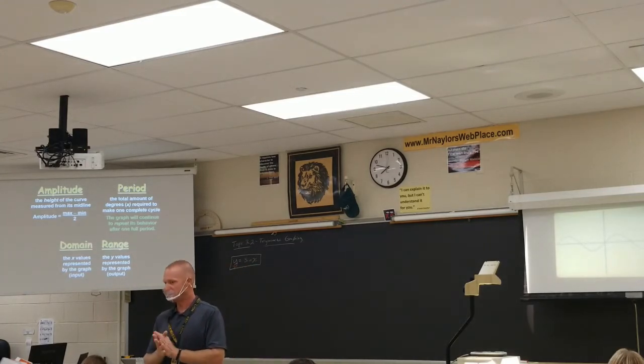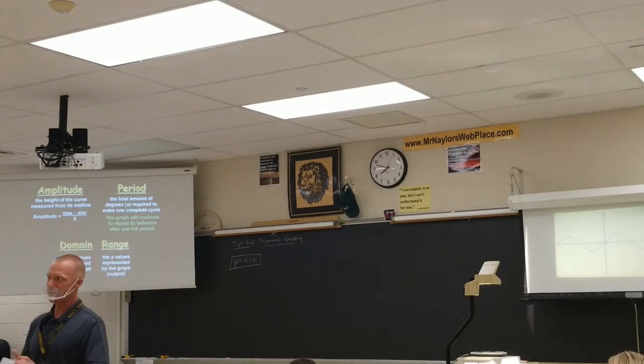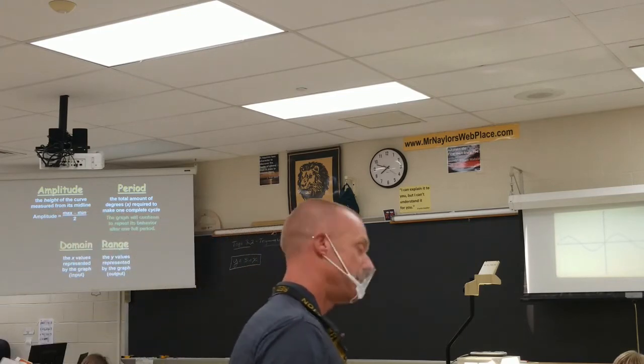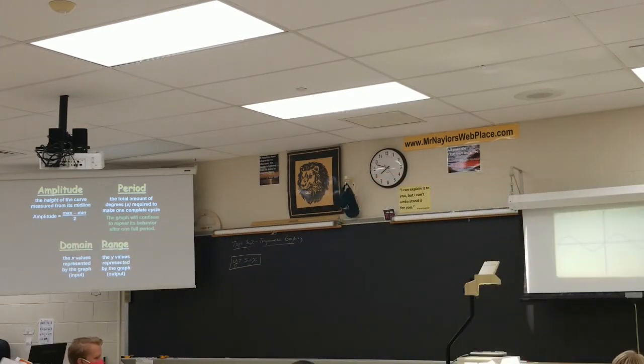So I hit zoom trig, and that gave me that special window. Some of you with a newer calculator, that TI 84 Plus CE, might see more graph than what you're seeing up here. With a newer version, it's showing more sine wave. But you'll get to know it.